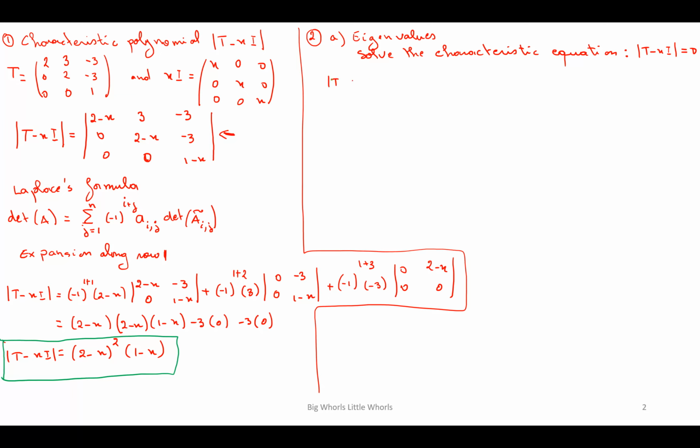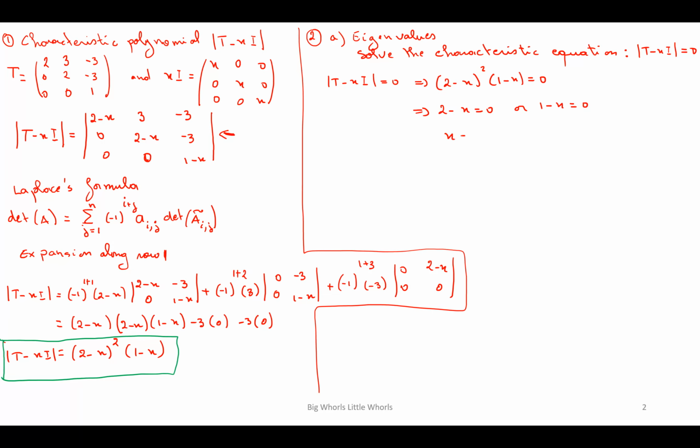So the determinant of T minus xI equals 0 means we have (2 minus x) squared multiplied by (1 minus x) equals 0. That means we have 2 minus x equals 0, or 1 minus x equals 0.